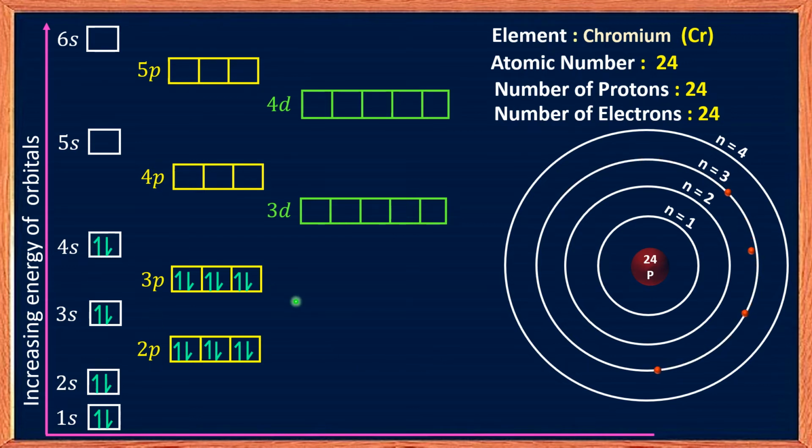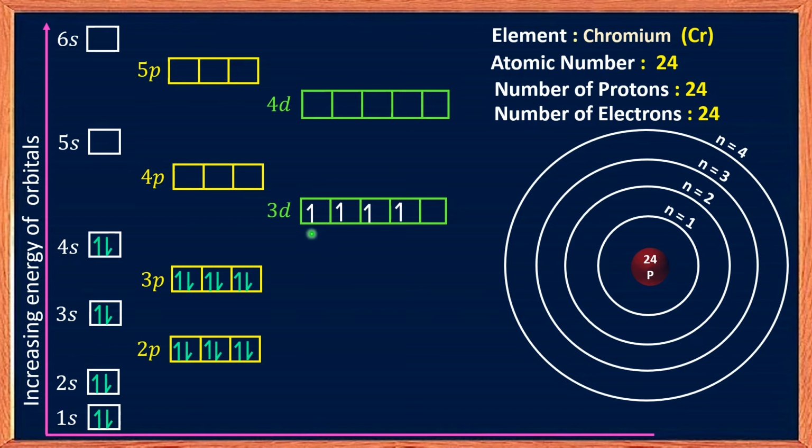So the 4s orbital is completely filled. Once the 4s orbital is completely filled, electrons enter into 3d. Next the 21st electron occupies one of the empty orbitals of 3d. 22nd, 23rd and 24th. Okay, so observe very carefully here.